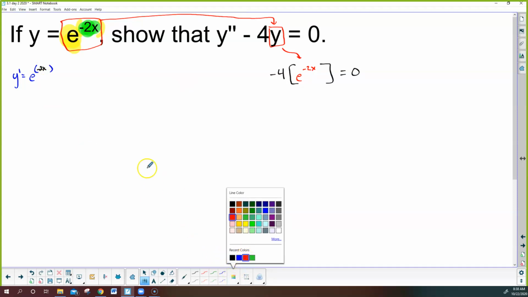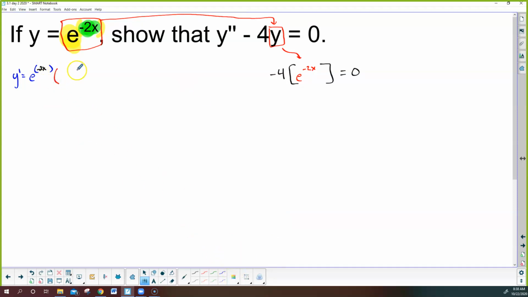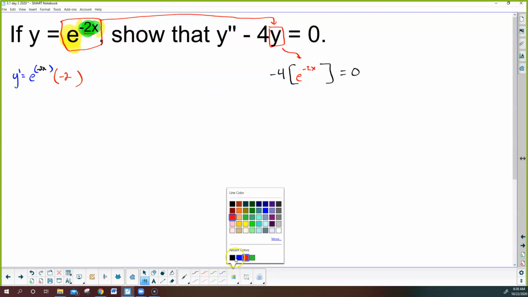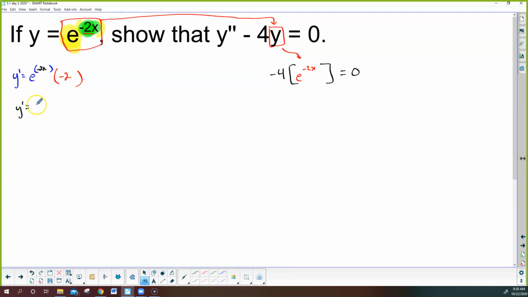And then I have to multiply by the derivative of the inside. The derivative of negative 2x is just negative 2. And then I like to clean this up, so I'm just going to put the negative 2 out in front. All right, now that's the first derivative.